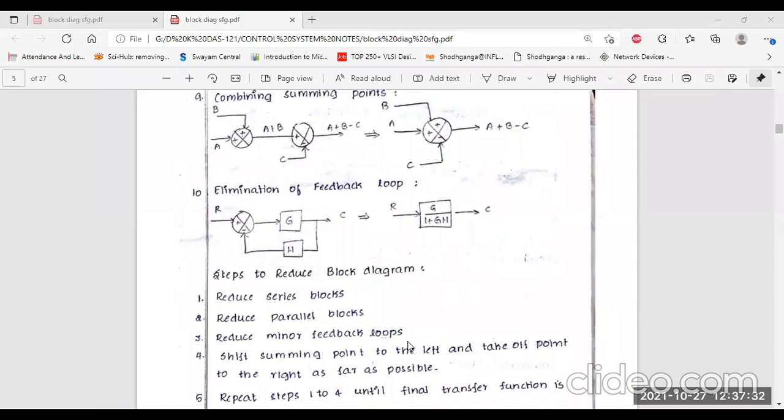Anyone any doubt or any questions, please ask me. And everyone write your own name and roll number in the chat box also.